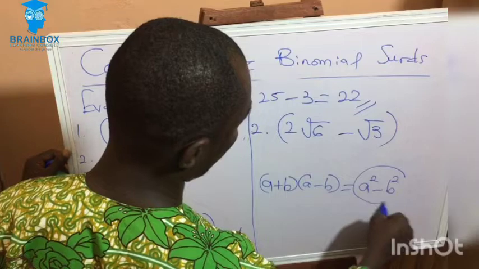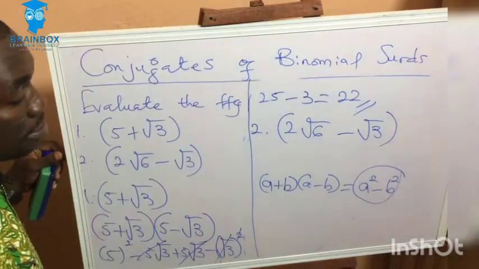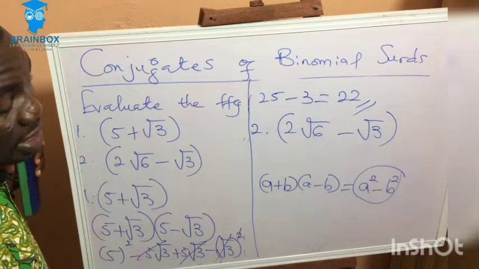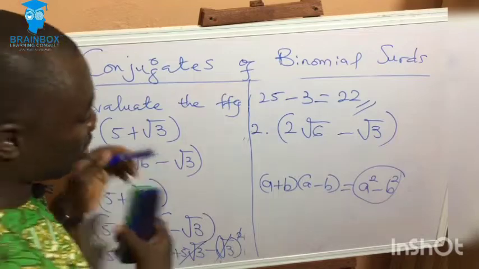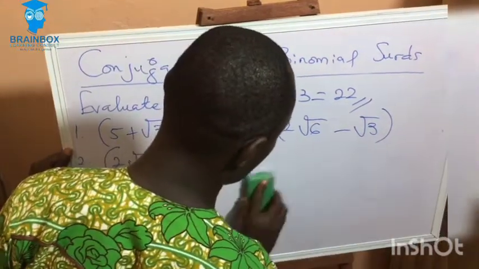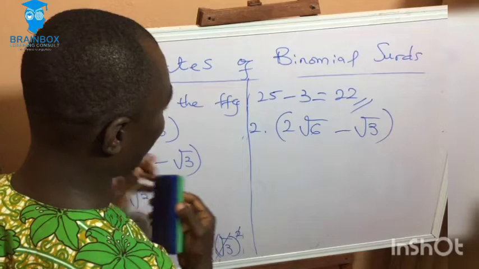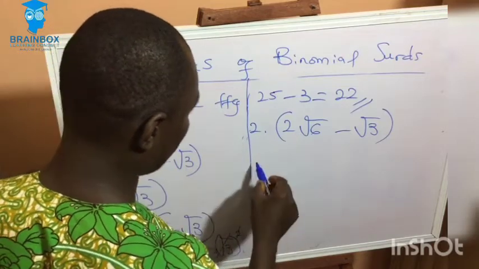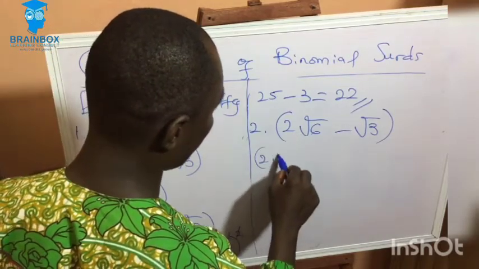B squared. This is what we arrive at. So just note that. Let it be a rule of thumb for you. So we're going to multiply as we conjugate.